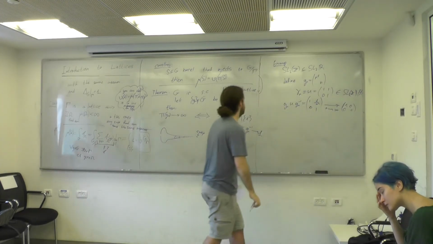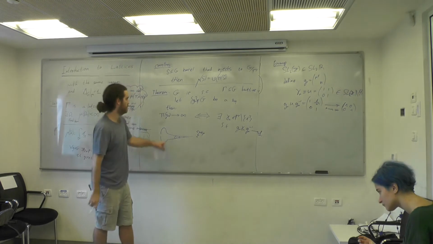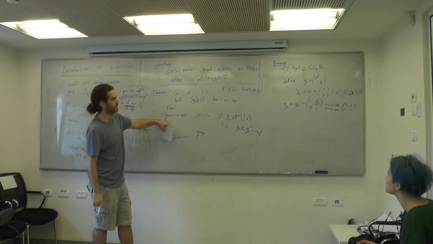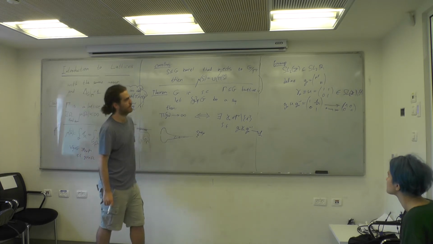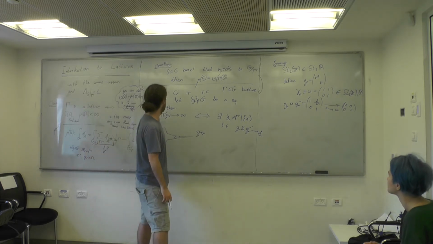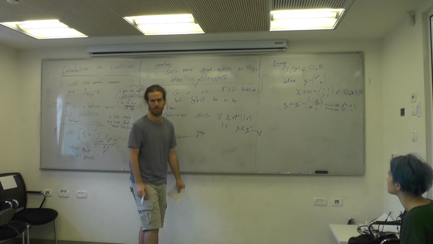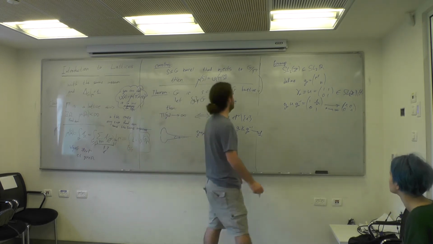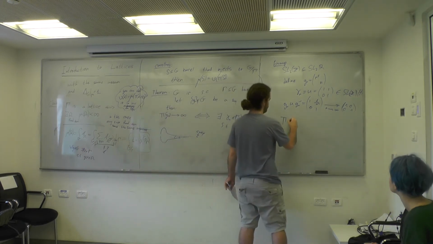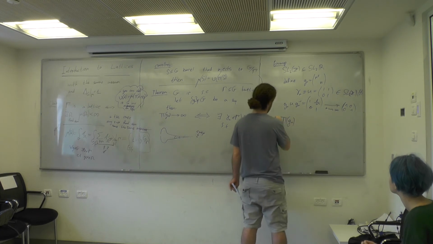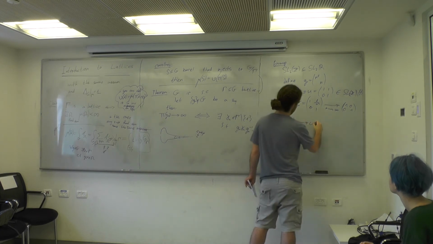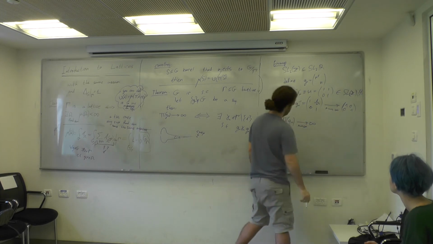So by the previous criterion, we get that the image of Gn in SL2Z escapes to infinity as n goes to infinity.